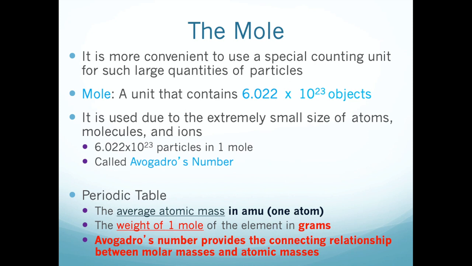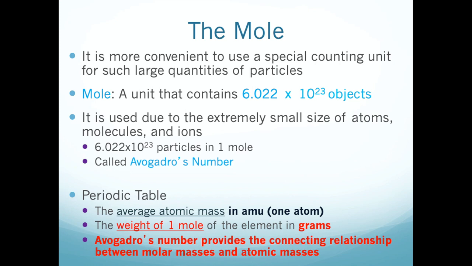relating mass with numbers of things, right? Earlier we related numbers of atoms or particles to the mass in atomic mass units, and if we wanted to get to grams, we had to do another conversion between atomic mass units and grams. Well, here's the thing with moles.